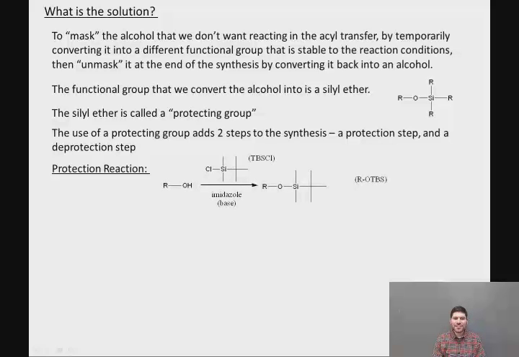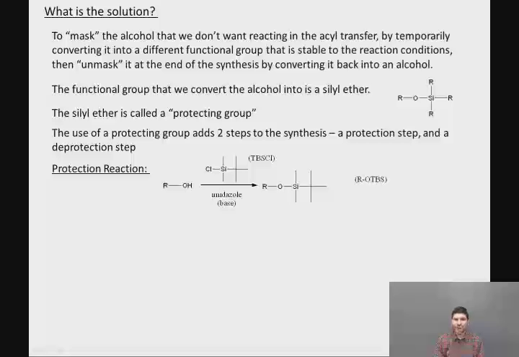So the silyl ether that is most commonly used is a tert-butyl dimethyl silyl ether, because those are stable to the reaction conditions that we generally want to use if we're going to protect an alcohol. So the way you protect it is you take your alcohol, treat it with tert-butyl dimethyl silyl chloride.